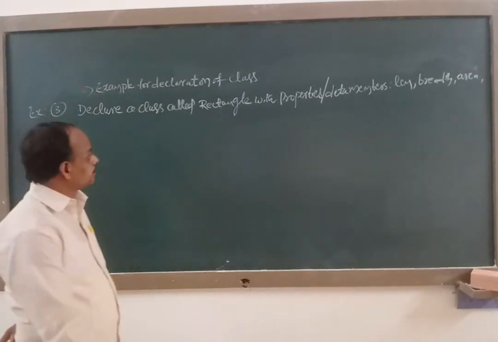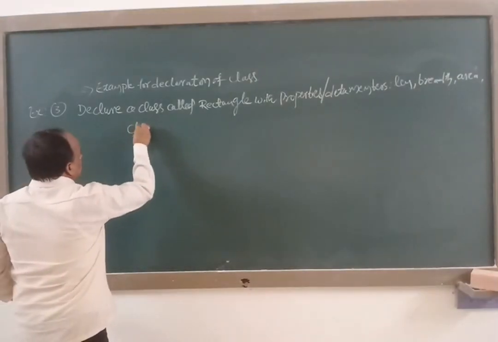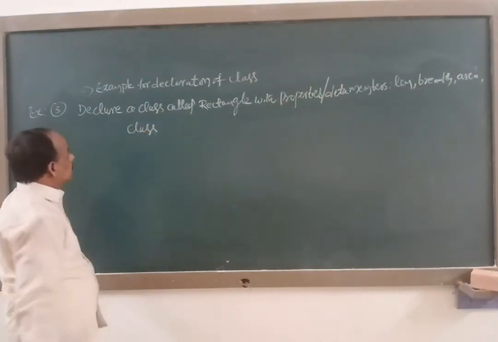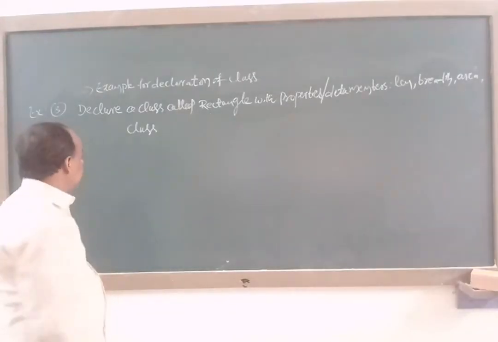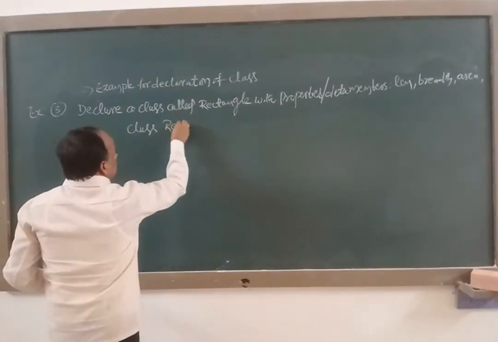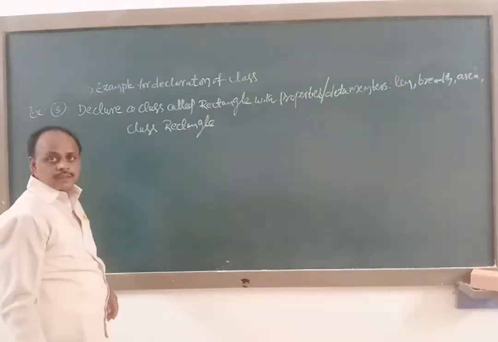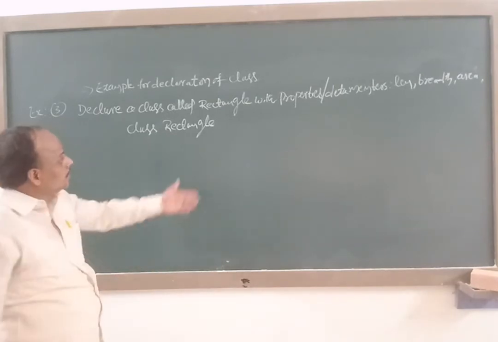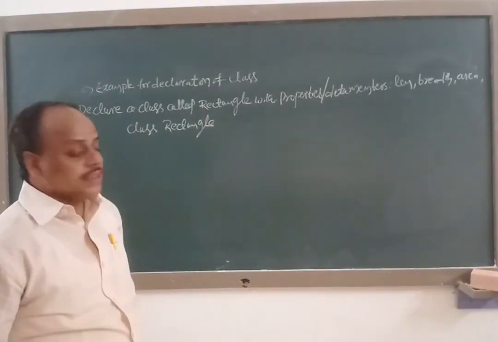Therefore the class name is rectangle, and the given properties or data members are length, breadth, area.